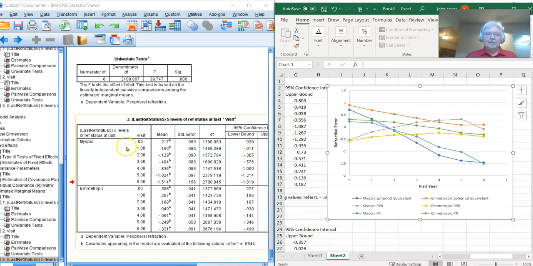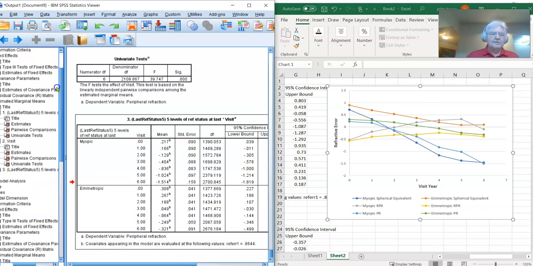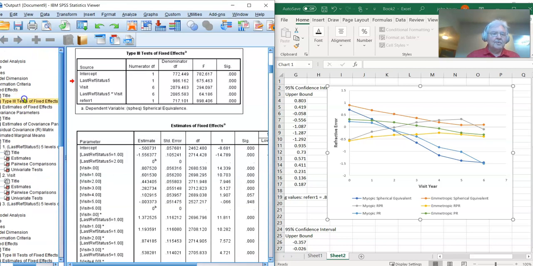For example, let's look at spherical equivalents, Type 3 fixed effects. Interestingly enough, this gives us an interaction term. Spherical equivalents is this blue line going down, and I'm a little surprised that it's as separated as it is, but you can see these lines are clearly diverging. That's what makes the interaction.